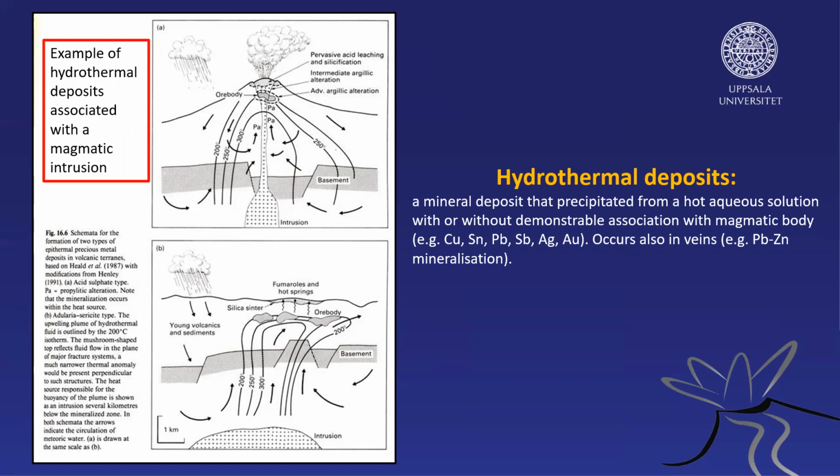You have a heat source, you have a lot of fractures, you have water coming from the rain, could be seawater, could be also groundwater. So the water circulates within the fractures, within the pores of the rocks. And eventually you transform the rocks, you mobilize the chemical elements, and at some point you precipitate new minerals that concentrate different chemical elements.